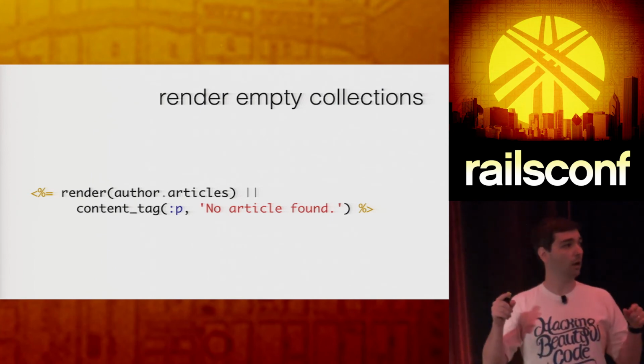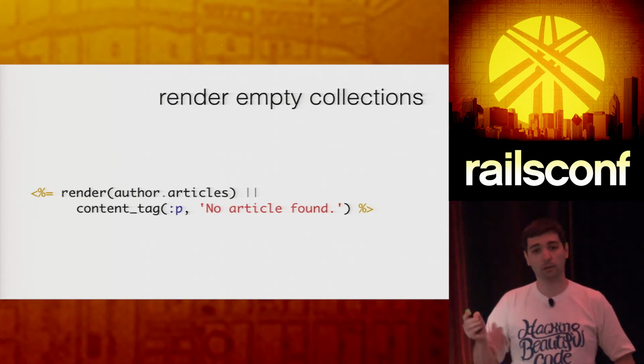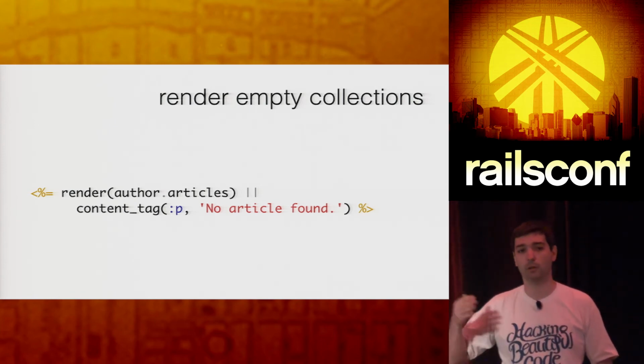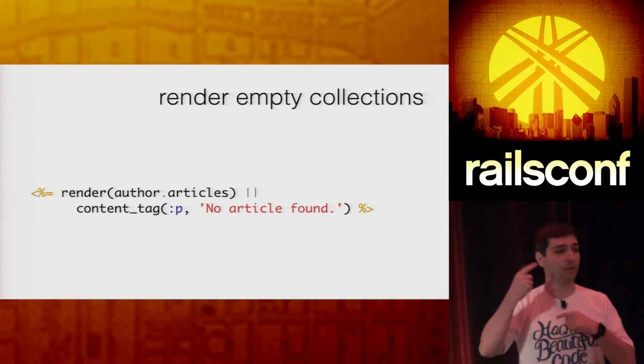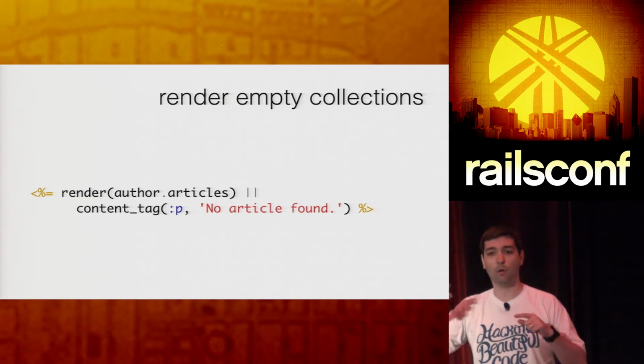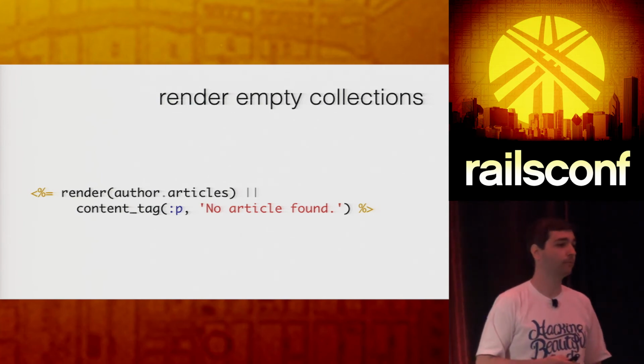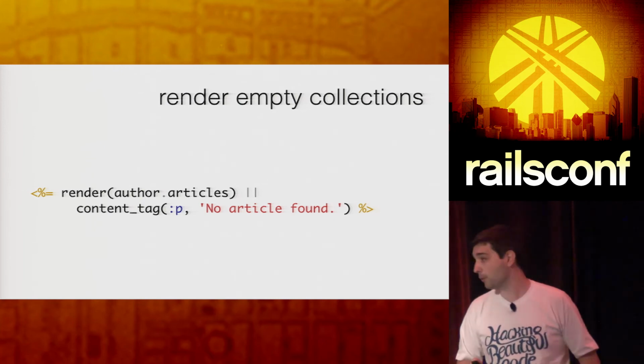So you can just render author.articles, or if nothing was returned, just render the content_tag or another partial or whatever you want. So you don't need that if and else condition. You can just do render or content_tag, no articles found, for example. Right? This is a nice one to clean up your views.